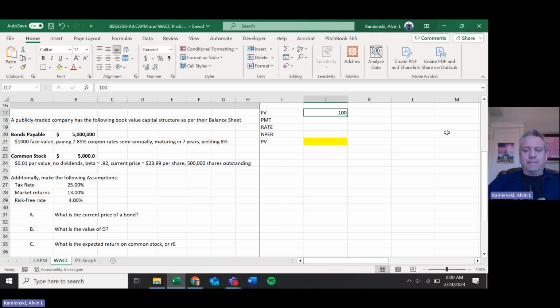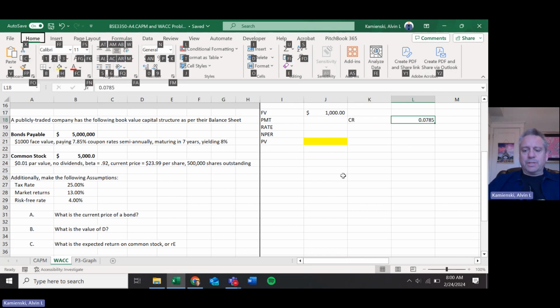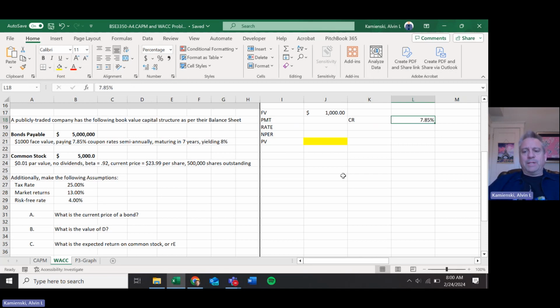So we know if we have a $1,000 face value, that bond is going to be making payments to us. Those bonds have a coupon rate, as it suggests over here, of 7.85%. So that is going to determine the amount of our payment. But also those bonds are paying twice per year.